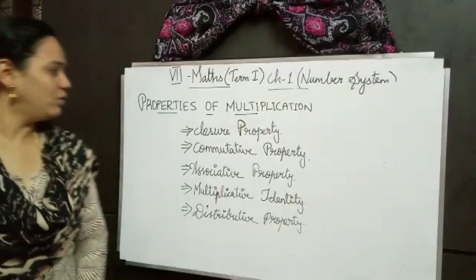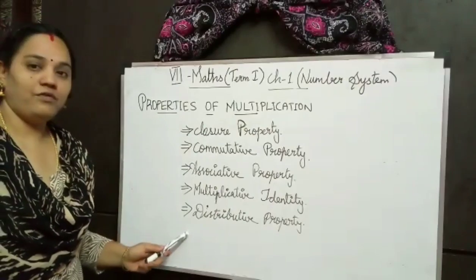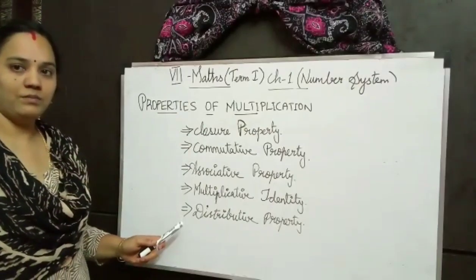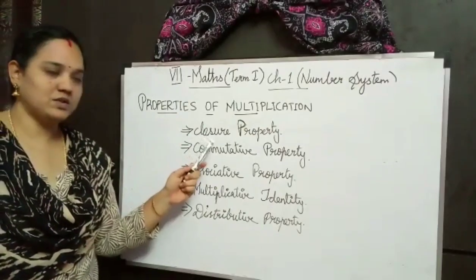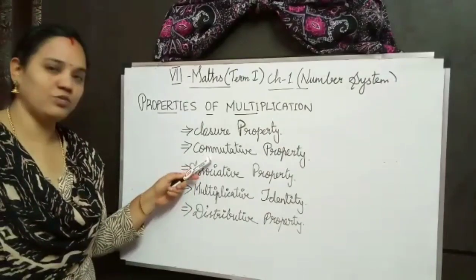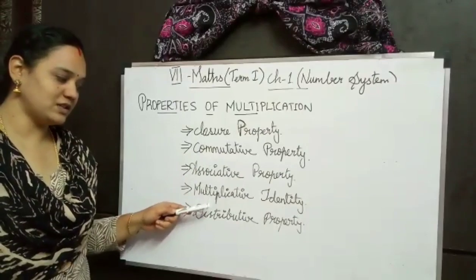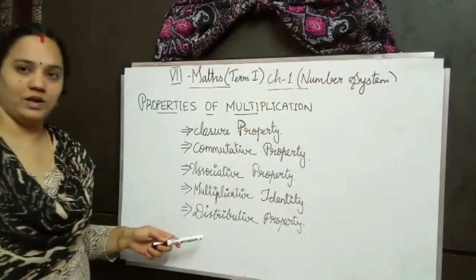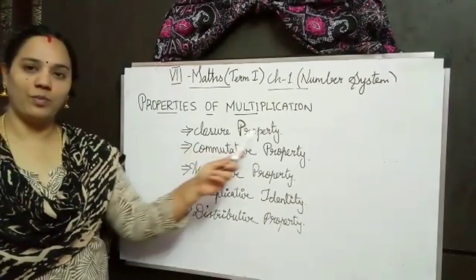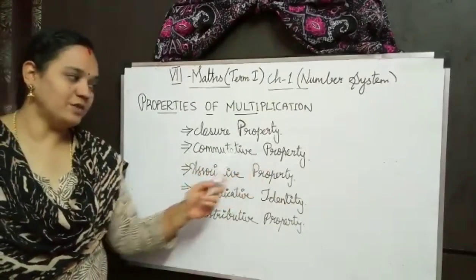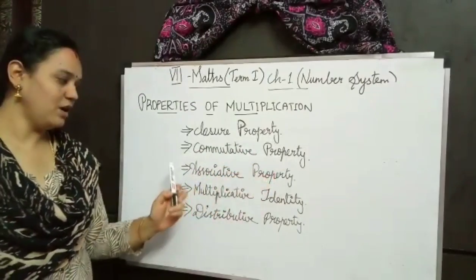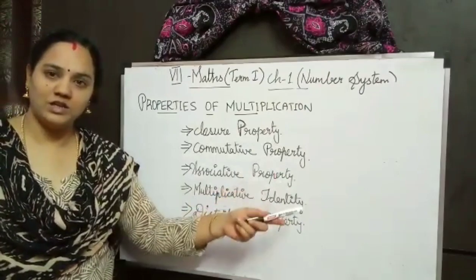Now there are 5 properties for multiplication. The first one is closure property, then commutative property, associative property, multiplicative identity and distributive property. Already we have seen closure property, commutative property and associative property for addition and subtraction.